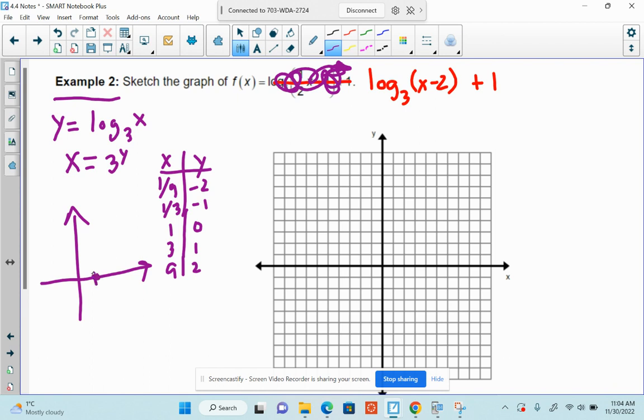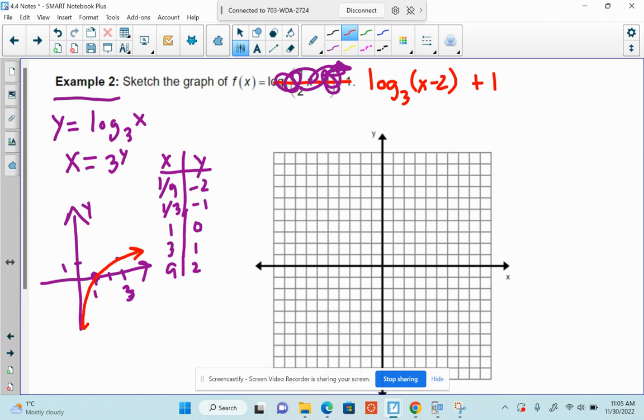It goes through the x-axis at 1. It goes through the point (3, 1), the point (9, 2), and so forth. It's going to get close to the y-axis as a vertical asymptote, but going down.